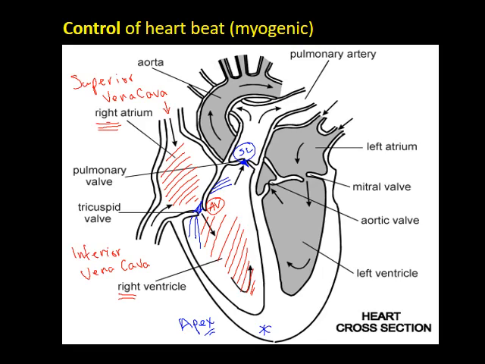Now we know the pressure in the right ventricle is actually going to be slightly lower than the pressure in the left ventricle. And that's because the left ventricle has a very thick cardiac muscle wall, and it has to build a higher pressure because this blood here on the left hand side has to go up through the aorta and around the systemic circulation, which is a further distance.